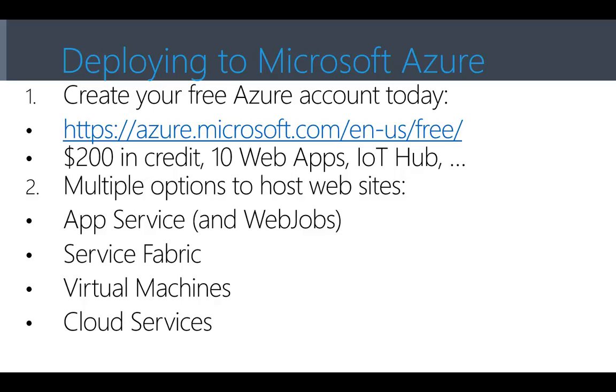And there is also the lowest possible level, virtual machines, which are bare metal machines. There is one level in between Service Fabric, App Service, and virtual machines, which is called Cloud Services. It's basically like a managed service. It feels a bit like App Service, but you can have access to the underlying infrastructure.